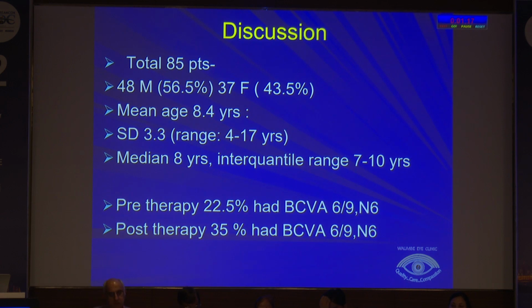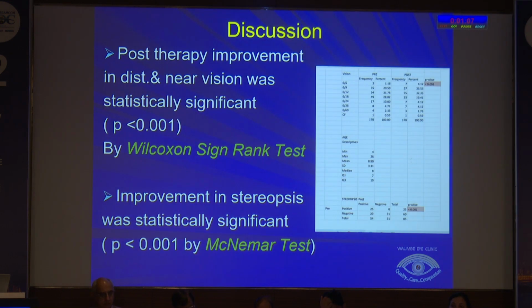Pre-therapy, around 22.5% of eyes had binocular best corrected visual acuity of 6/9 and 6/6, which increased to 35% post-therapy. The post-therapy improvement in distance as well as near vision was statistically significant using Wilcoxon's signed rank test. And interestingly, improvement in stereopsis was also statistically significant using McNemar test.